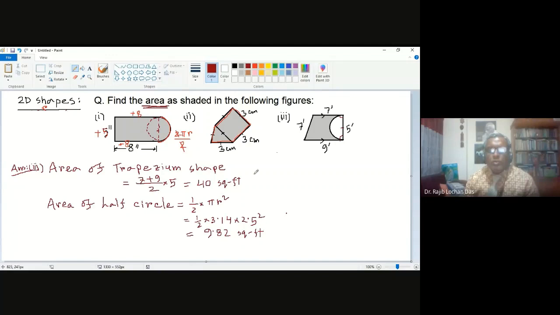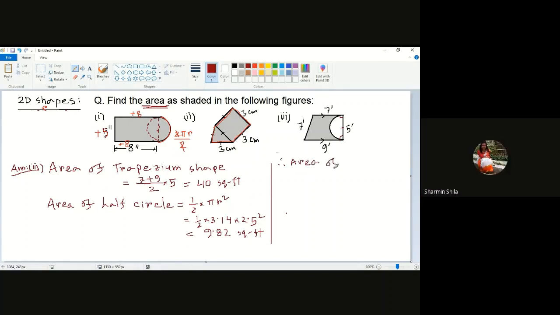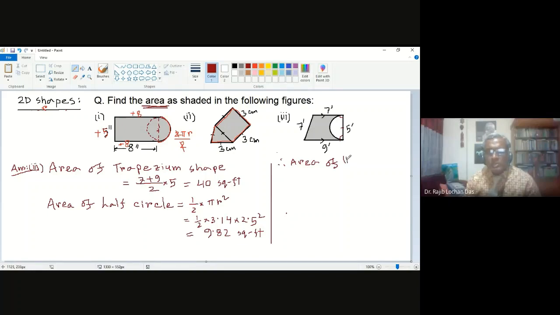Now, what will be the answer? That is the area of the shaded part. Is it plus? No, sir, it will be minus. Area of the shaded part or shaded region.